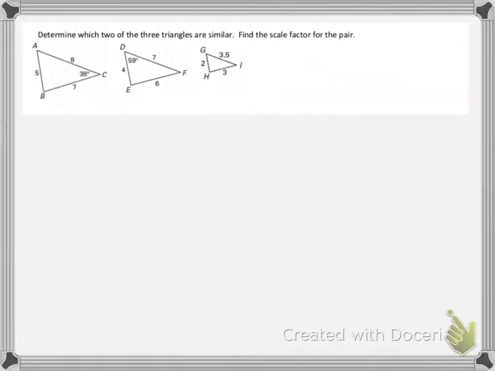All right. Now we want to decide which of these sets of triangles are similar. So let's start to compare the sides. So let's start with triangle ABC and triangle DEF. All right, so let's start putting sides over each other.